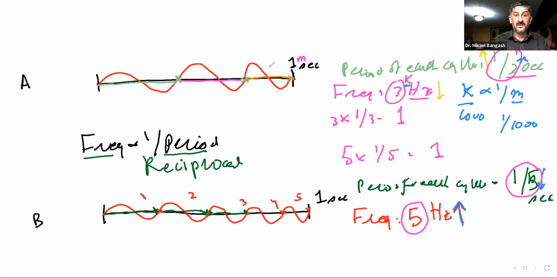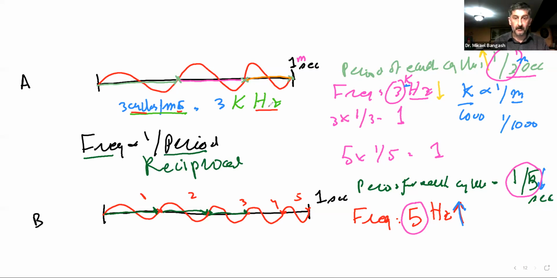So if we had 3 cycles completed in a millisecond, that makes the frequency 3. The number of cycles completed per millisecond now becomes kilohertz, where all of this, cycles per second, is still hertz.